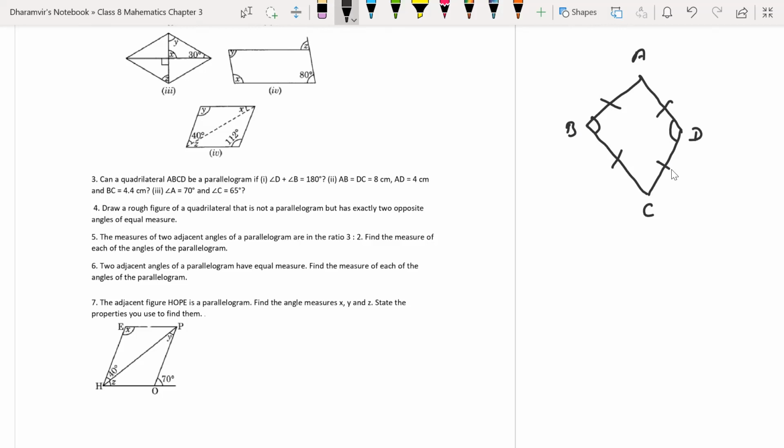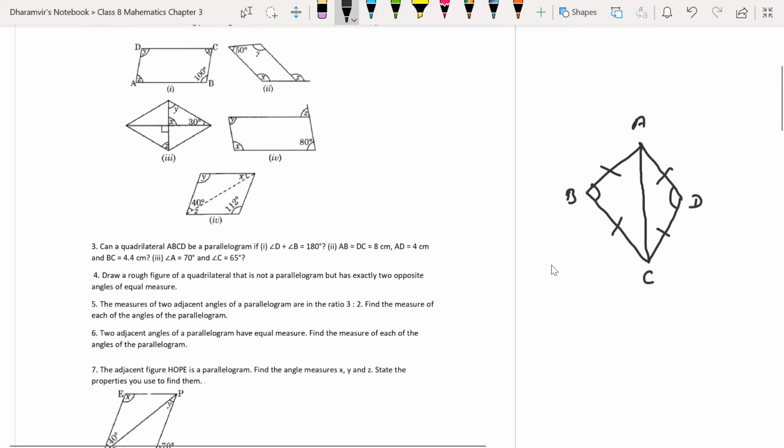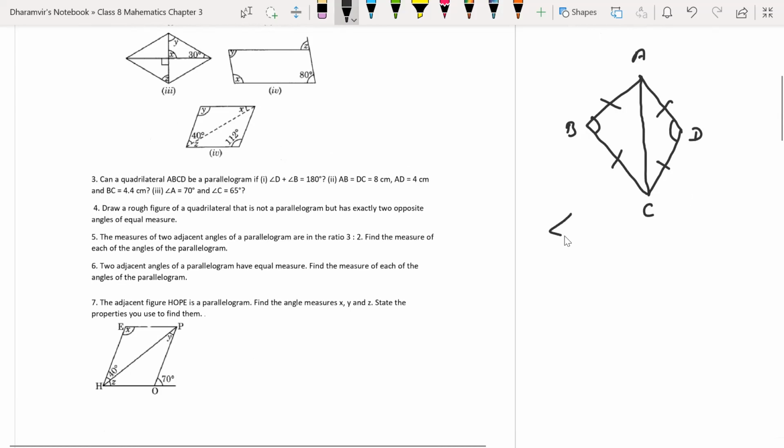So in this, draw a line from A to C. If we draw a straight line from A to C, we will get two triangles with common base AC. One triangle is ABC, another triangle is ADC.